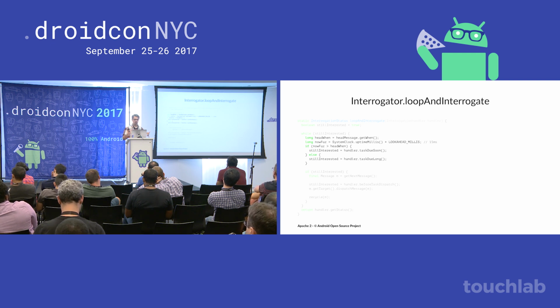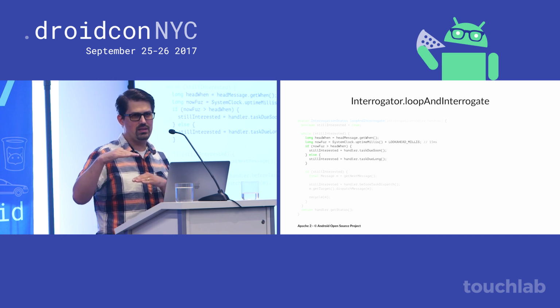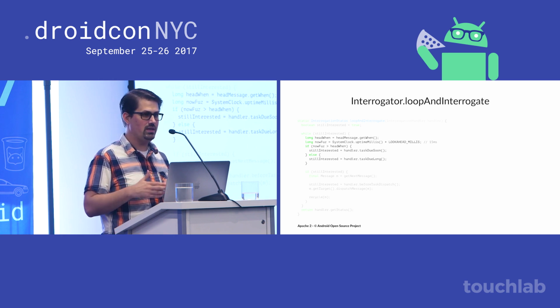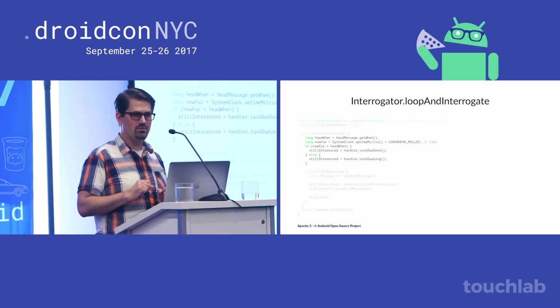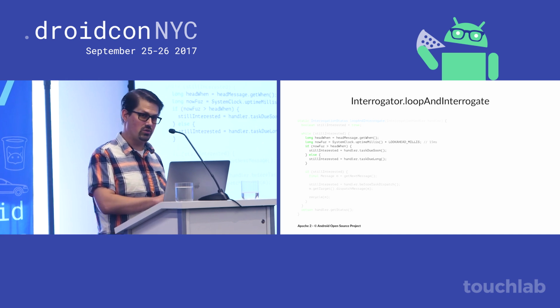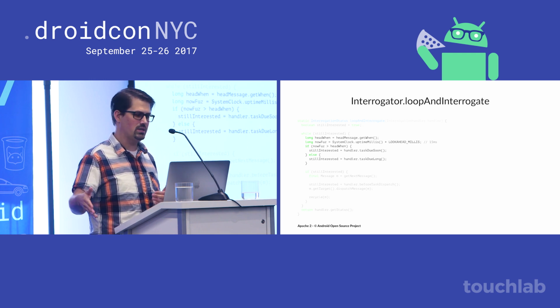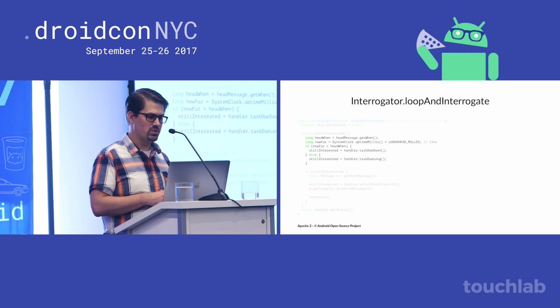By default, the look-ahead millis is 15 milliseconds, so it's looking to see if there's anything ready to be processed in the next 15 milliseconds. If there is, it sends an event to this handler saying, hey, there's a task ready to be processed soon. Then the handler says, I'm still interested, keep going. Or it says, no, I'm not interested, that's good, you can stop looping the main thread. Or it'll tell you, hey, there's not a task due for a long time, and again it gets a result, still interested.